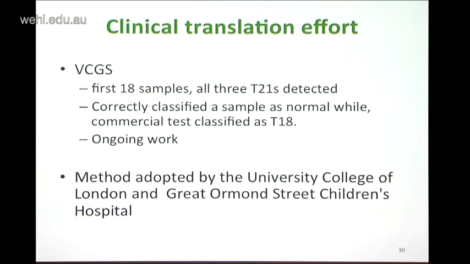This is an ongoing process, and I'm currently working on implementing a semi-automated pipeline over there. And we're really happy that our method was also picked up by an NIPT group over in the UK, who have also collected more than 1,000 samples, and they want to see how the method works on a really large cohort.